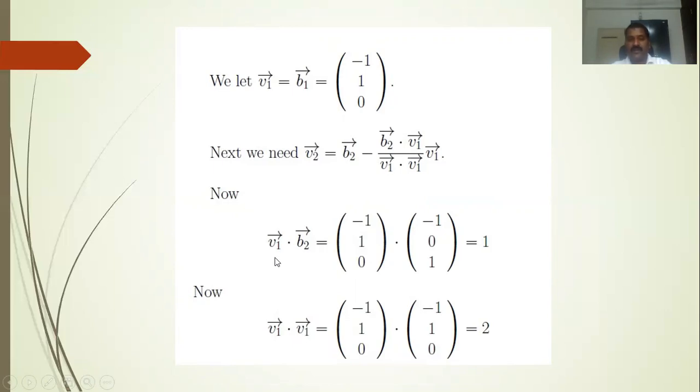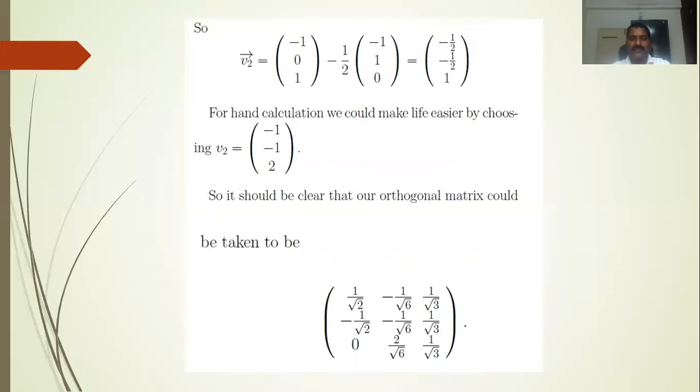So this is what happens. v1 dot b2 equal to 1. What are we doing? Basically, we are using the Gram-Schmidt orthogonalization process, and from linearly independent vectors, we are constructing an orthonormal basis, right? Finally, the process is discussed. I have dedicated one class for that, go back and listen again.